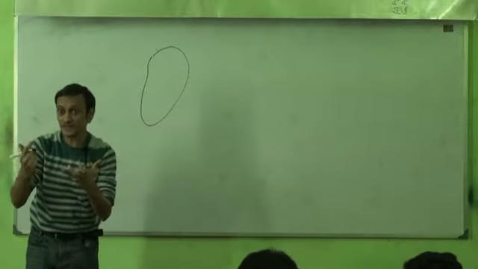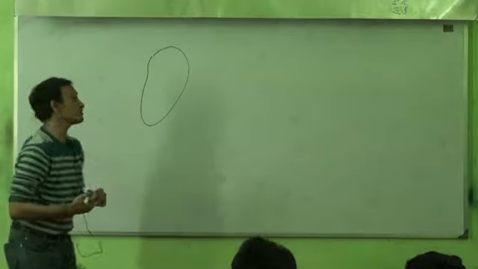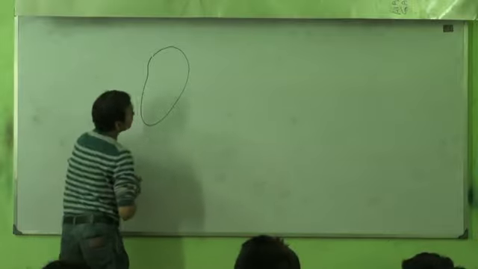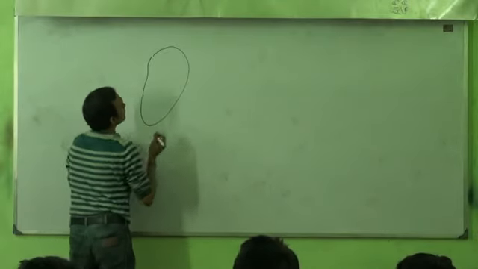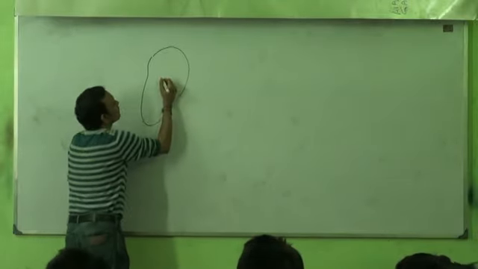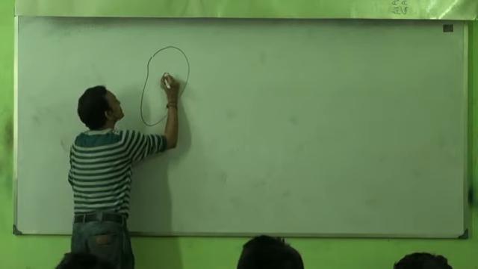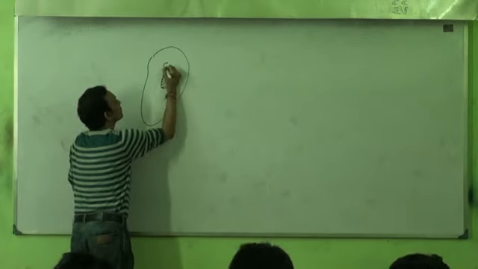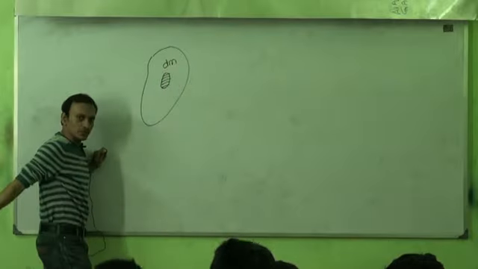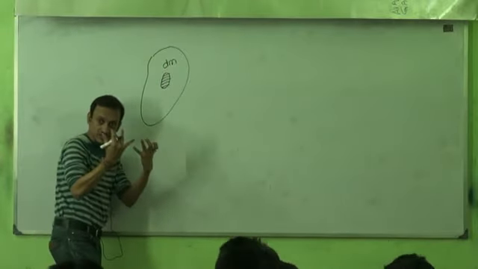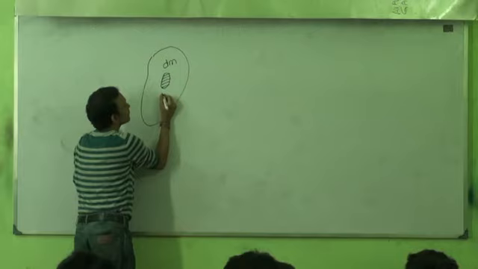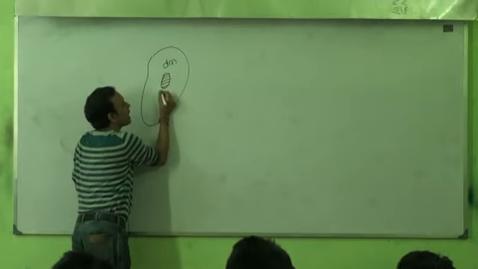What we do here is that in this continuous distribution, we look at a certain small mass element dm of this continuous collection, and this mass dm is located at r.